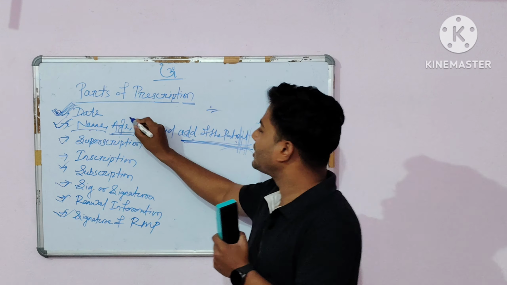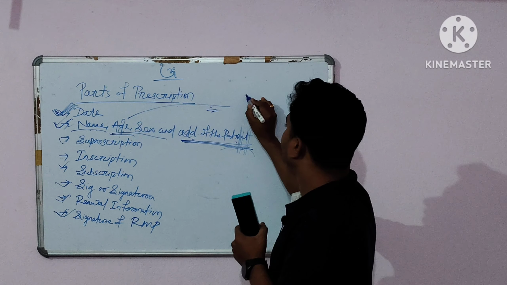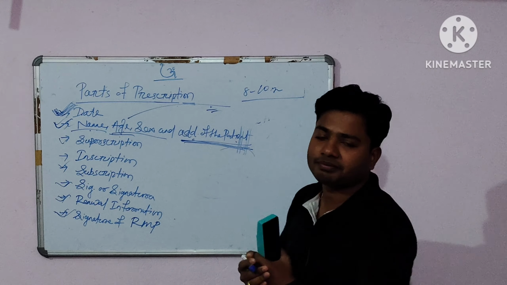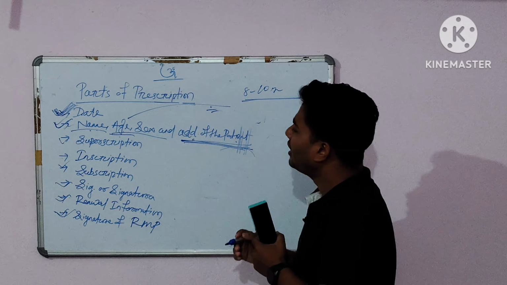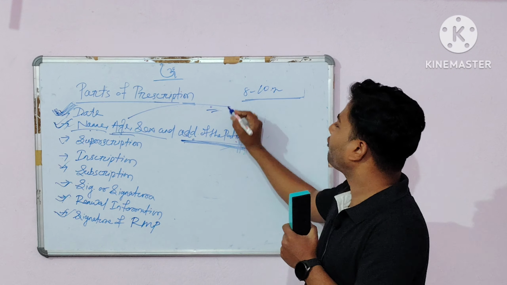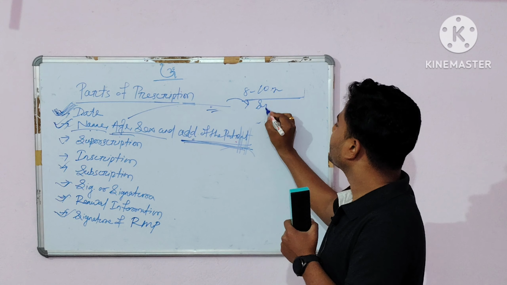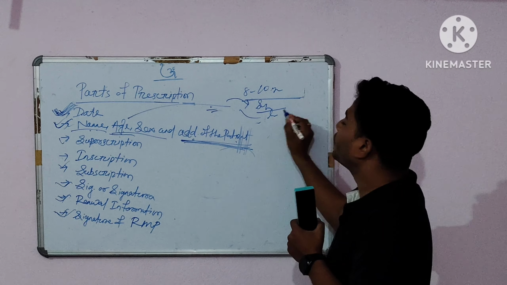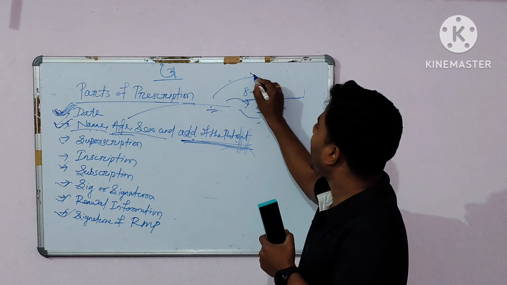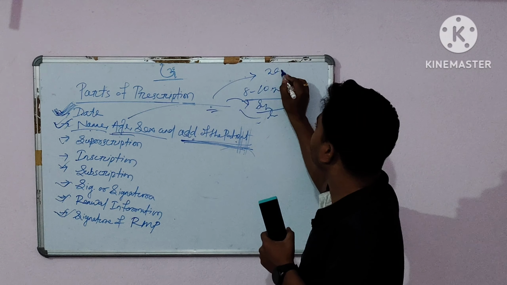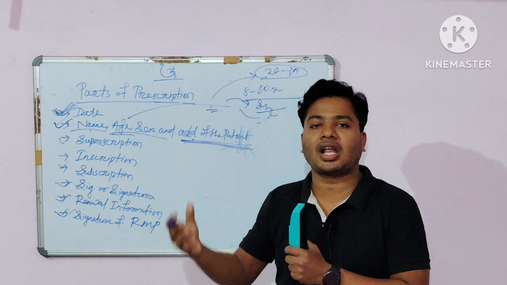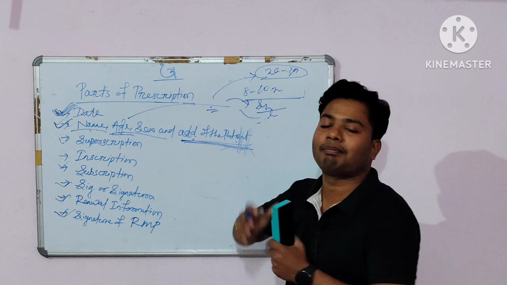If in that place there is a child whose age is 8 to 10 years, the physician sees that it is very difficult for the child to swallow tablets, so in that time the physician prescribes some syrups or some liquid dosage forms. Okay, that means if there is an adult whose age is 20 to 30 years, then in that time the physician prescribes the tablet to the particular patient.